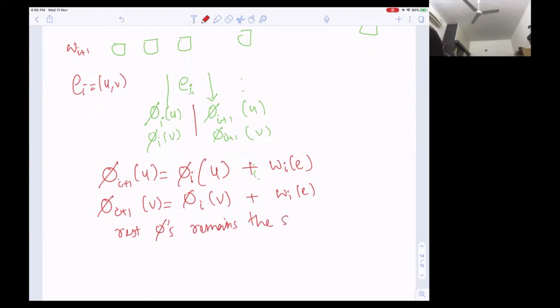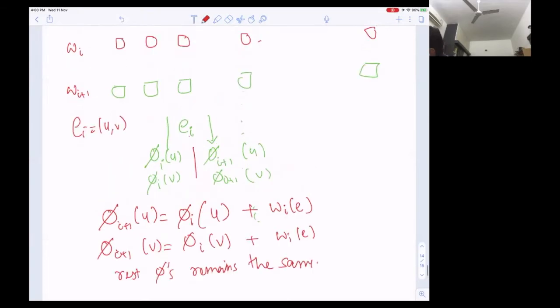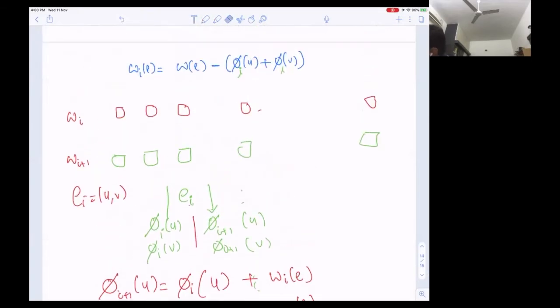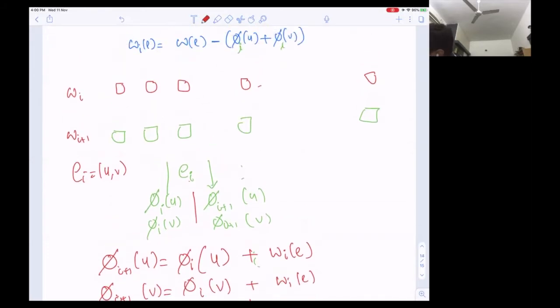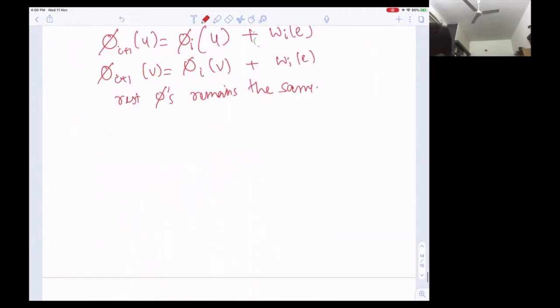So now I ask myself the following question. What change does Wi plus 1 make to an edge, say E tilde? Here's my edge E tilde. What change will Wi plus 1 have on E tilde?